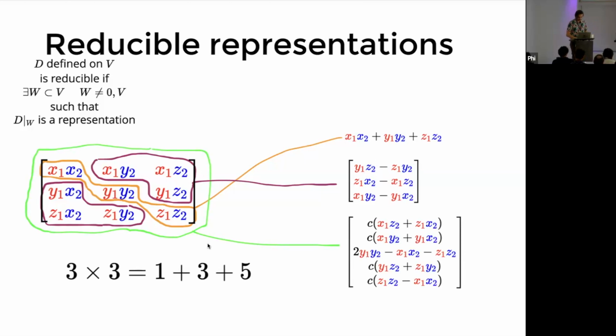So we found all the degrees of freedom. 3 times 3 equals 1 plus 3 plus 5. The 1 is the dot product, the 3 is the cross product, and the 5 is the symmetric traceless part. It's the remaining part, which is also a representation of rotations.